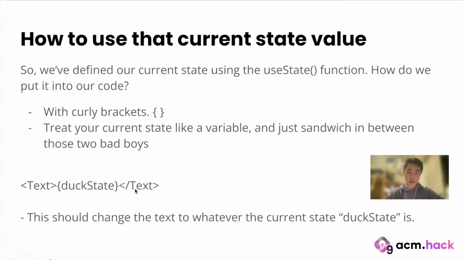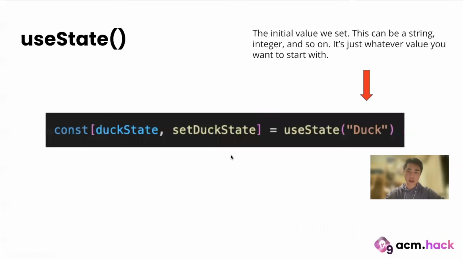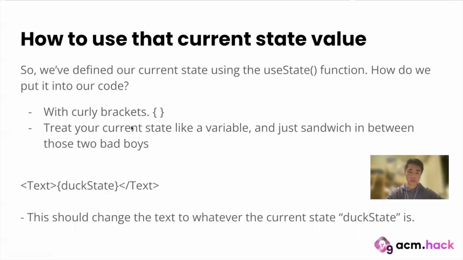Keeping in mind this declaration, remember that the current state is something called duckState. Well, we're going to put that duckState in between these curly brackets, inside this text component. So this is telling the program, hey, this text component is basically going to be whatever duckState is.